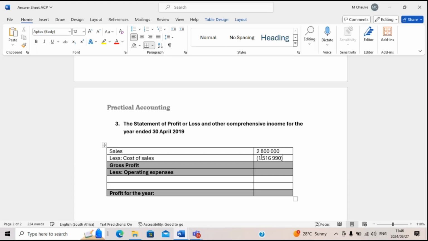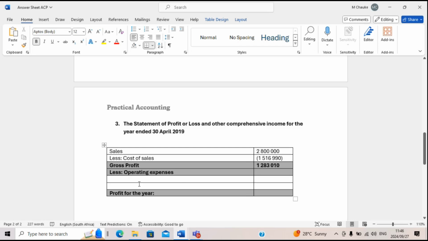That is our cost of sales. So we need to calculate gross profit. Gross profit is equal to our sales of 2,800,000 minus 1,516,990. Our gross profit is equal to 1,283,010.